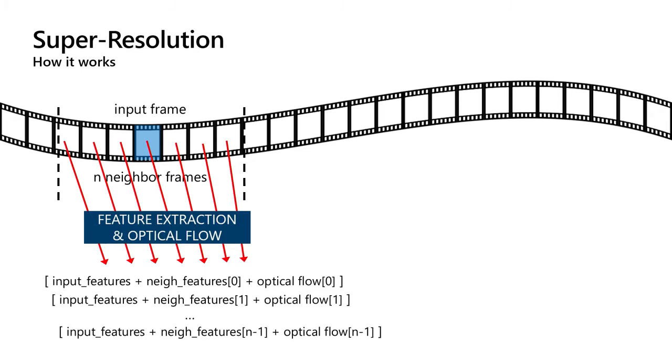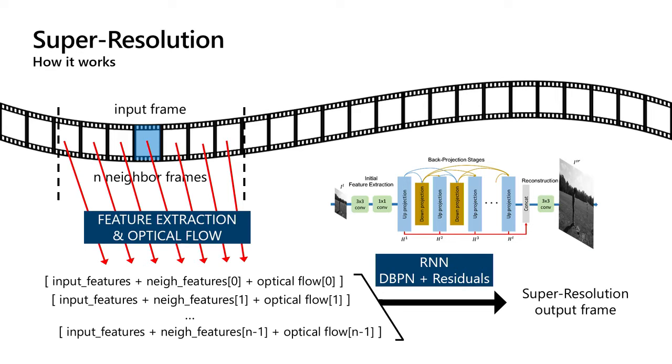Altogether, it extracts features and performs optical flow calculations, and combines everything and passes it to a recurrent neural network, where for each of these components and calculations, it applies single image super resolution, plus some improvements that enable us to obtain, from a low-quality input, a super high-quality resolution, which has information not only from the starting input frame, but also from the neighbor ones.